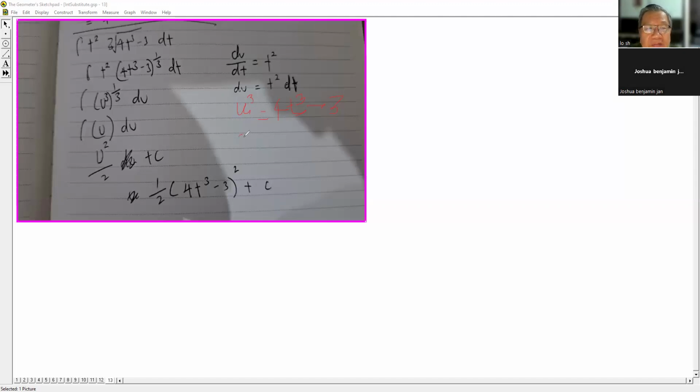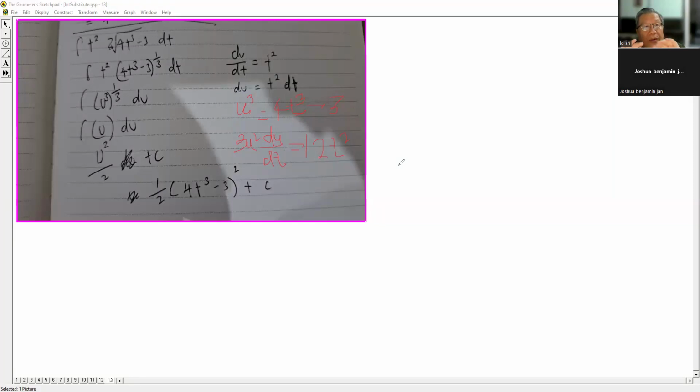So the implicit differentiation is 3u squared du over dt. And on the other side, when you differentiate 4t cubed, it is 12t squared. Negative 3 becomes 0 already, right? So this is the type of differentiation.